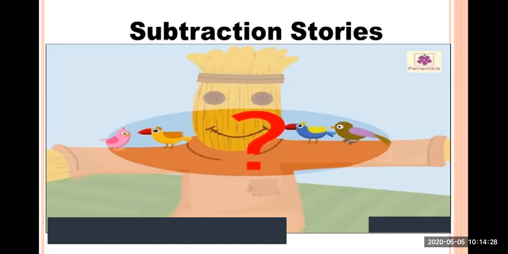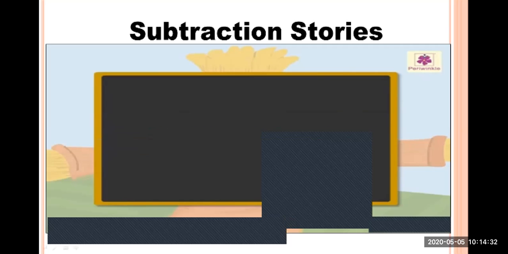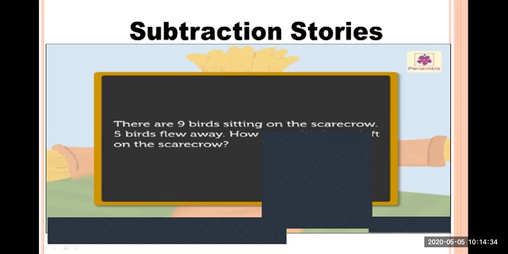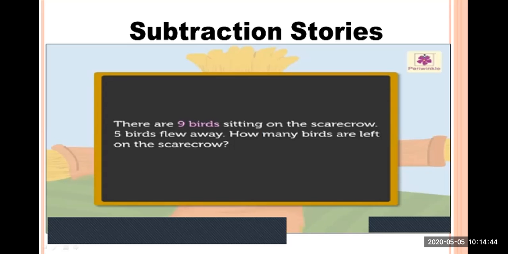How many birds are left on the scarecrow? Now, let us see what information we have and what we have to find out. Information: 9 birds sitting on the scarecrow and 5 birds flew away.